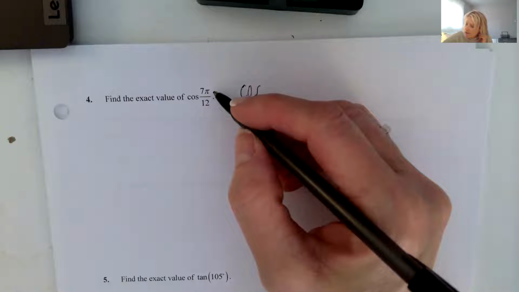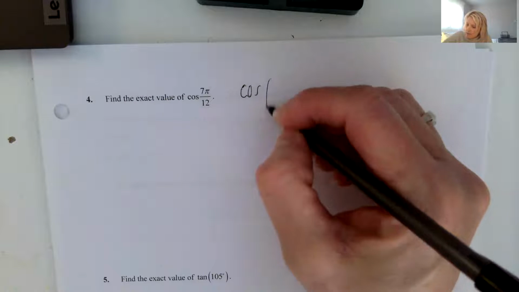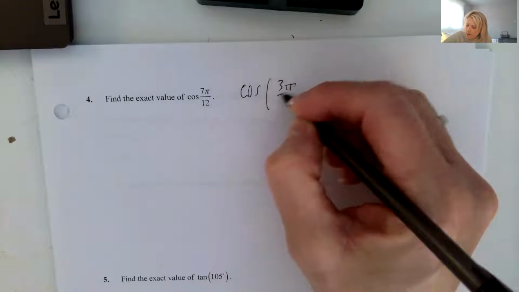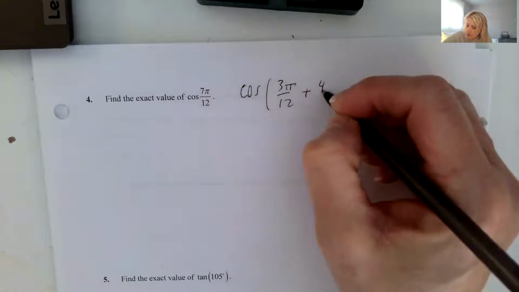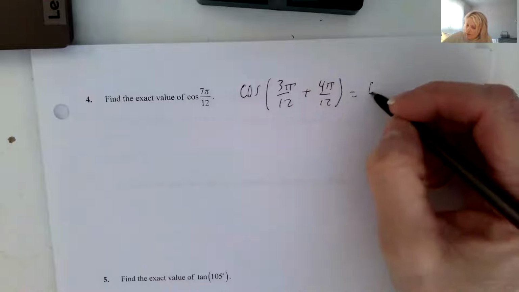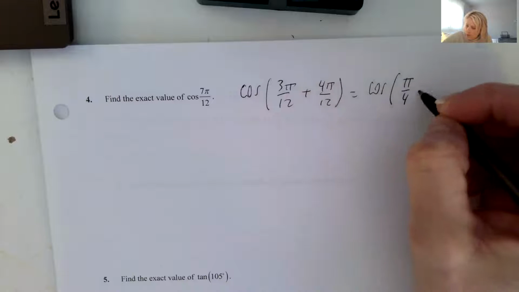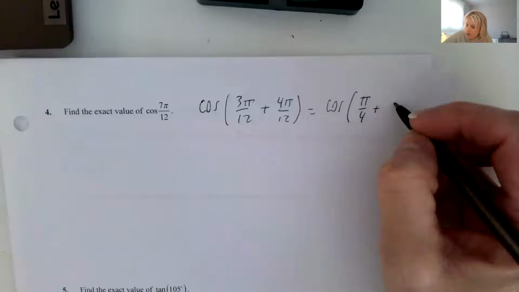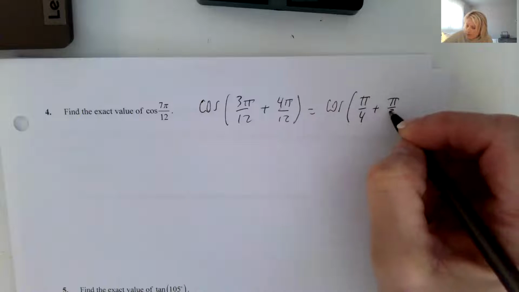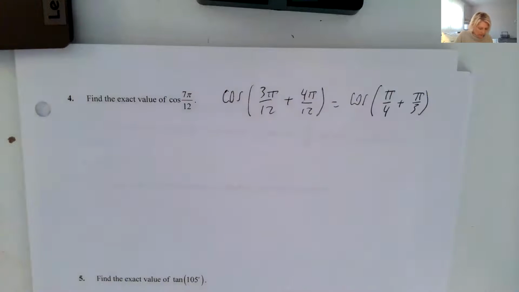If we did cosine of 3 pi over 12 plus 4 pi over 12, that is then the sum of pi over 4 and pi over 3. We know information about pi over 4, and we know information about pi over 3. So we can then use our sum identity for cosine.